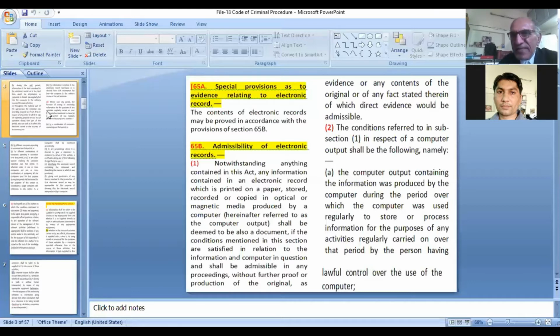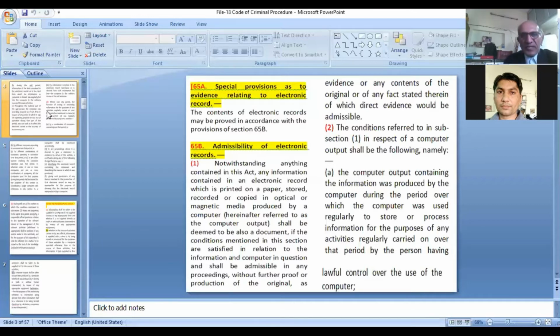The original evidence, the direct evidence as it is said, the original evidence which can be directly produced, if it leads to a situation where there is a need to lead secondary evidence in respect of it, then in that situation the admissibility being sanctioned is for information contained in an electronic record which is printed on paper, stored, recorded or copied in optical or magnetic media.